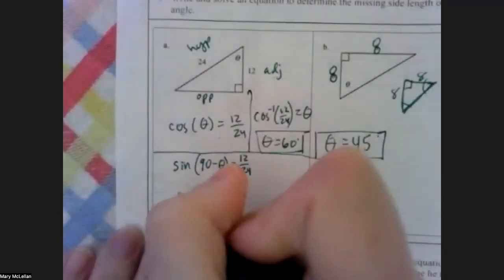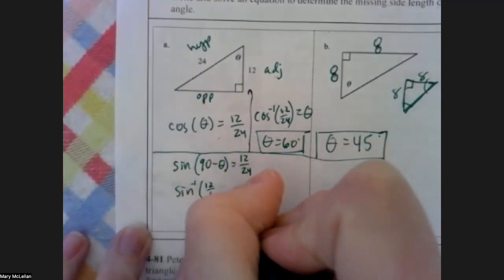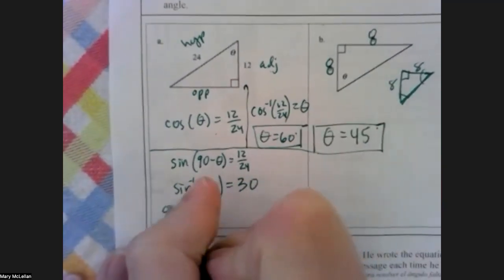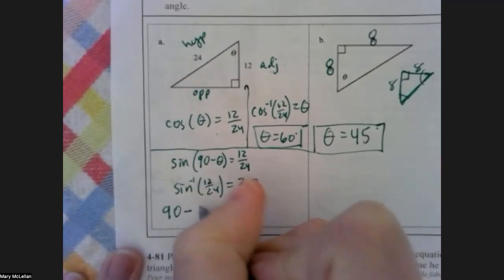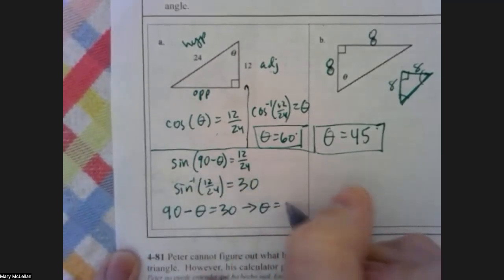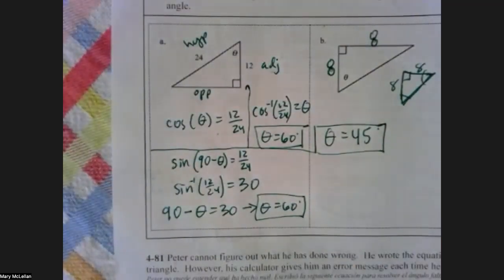So I know that the inverse sine of 12 over 24 equals 30. So I know 90 minus theta equals 30. That's a one-step equation. I could solve it to get theta is 60. And is that fewer steps? No, but that's where my brain went. And I like thinking in all of its forms.